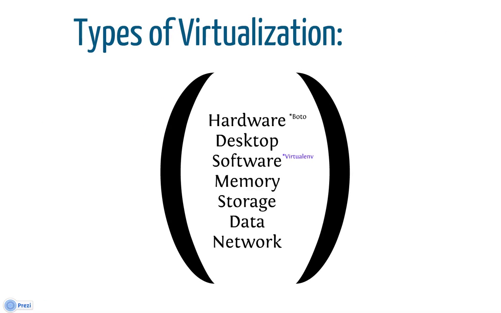Let me recap a couple of things. Hardware, we just use for Boto, but we have virtualization in desktop. We also have virtualization in software, and that happens to be things that you're going to use, for example, a BSD Jail. A BSD Jail is actually a really clever idea.